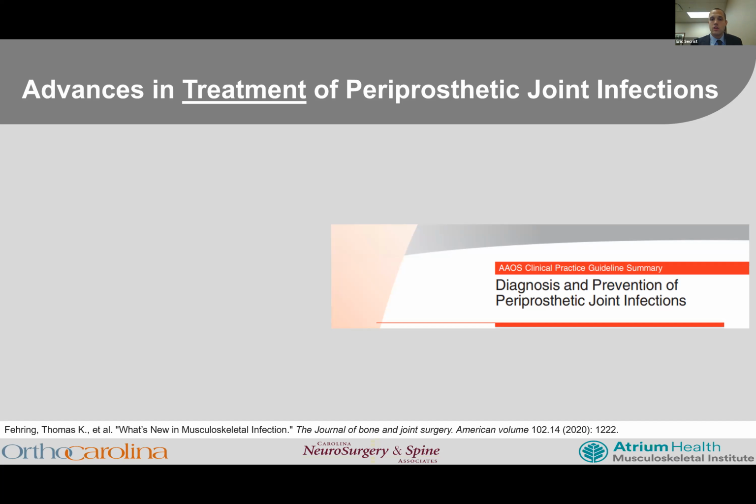And I found it really striking when researching this that there is a clinical practice guideline put out by the AAOS for the diagnosis and prevention of periprosthetic joint infections, but not for the treatment. And once one of these diagnoses is established in a patient, we are really relying on all of the old tools to treat them.